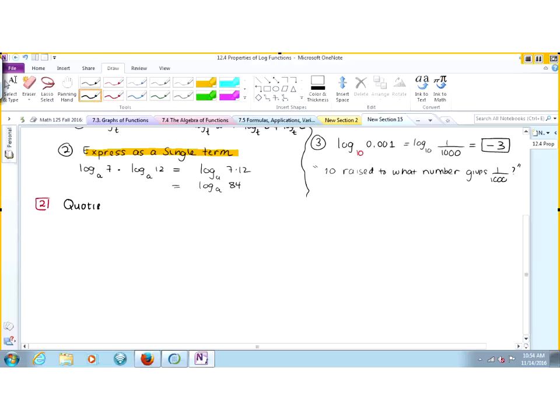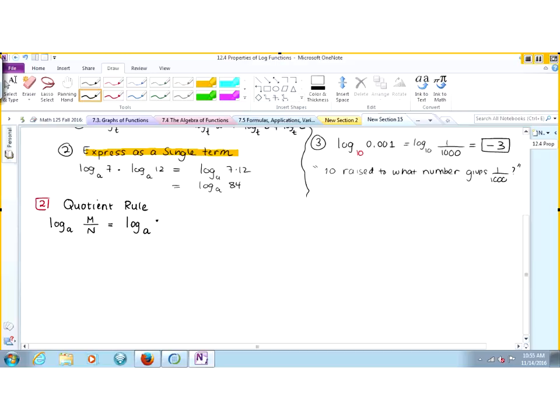In high school, yes. The second one is called the quotient rule. So what is log base A of m over n? If I have division, what do you think?